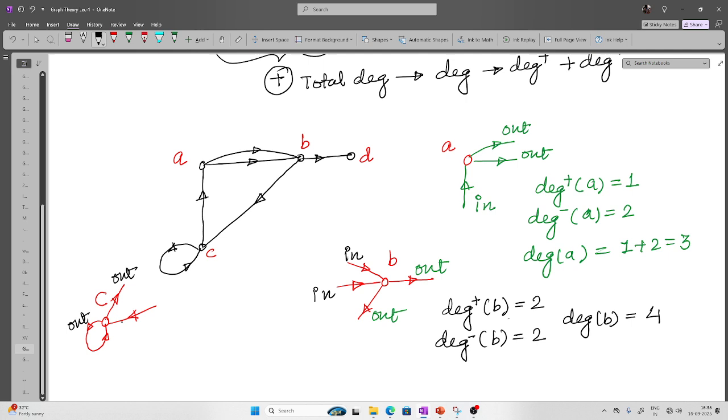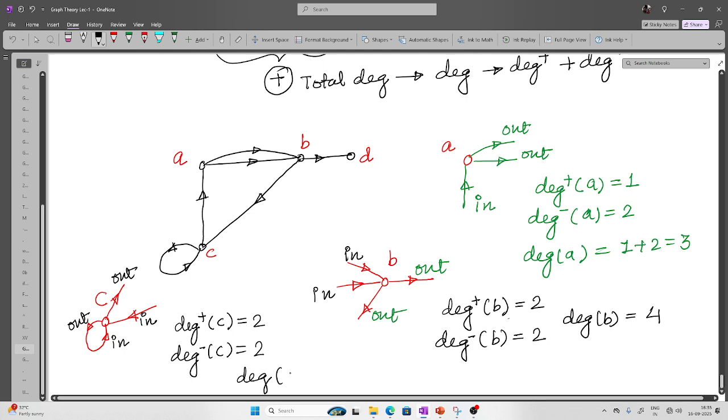Likewise, this is coming in and this is also coming in. So for this vertex C, the in degree will be 1 plus 1, that is 2, and the out degree will be 1 plus 1, that is 2. So the total degree for vertex C will be 2 plus 2, that is 4.